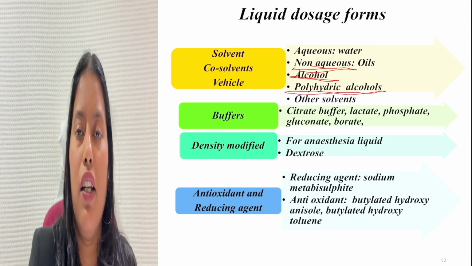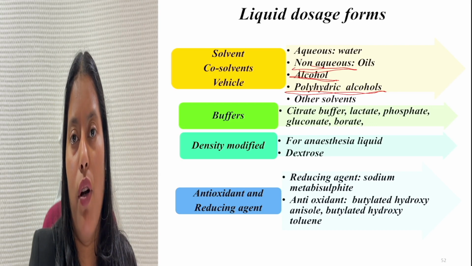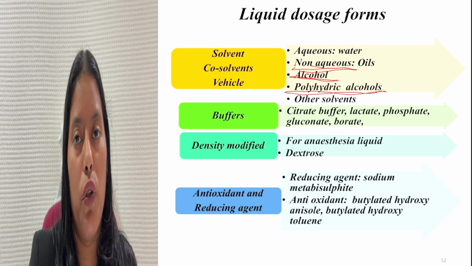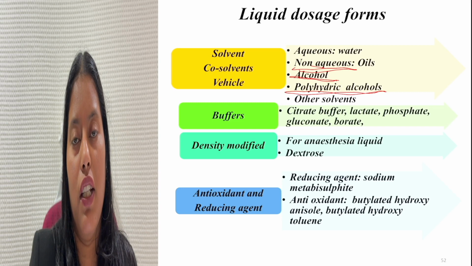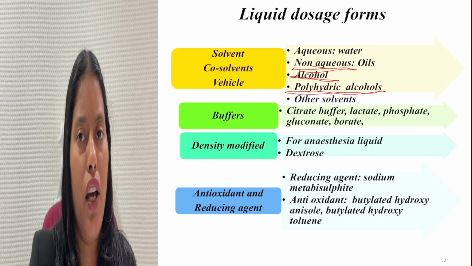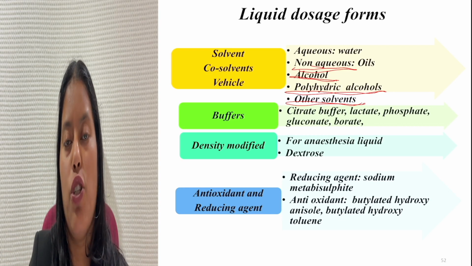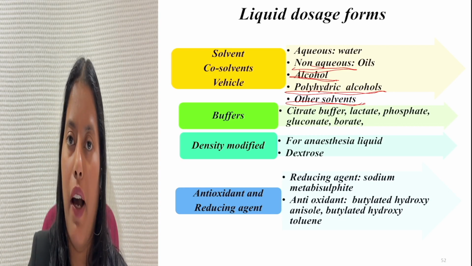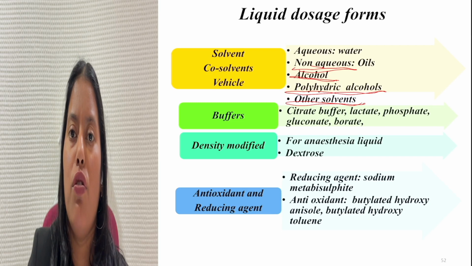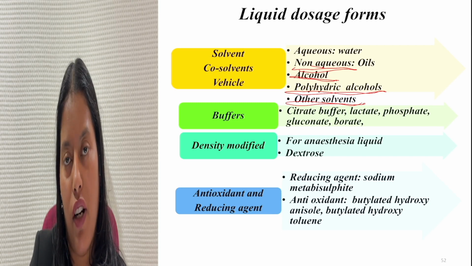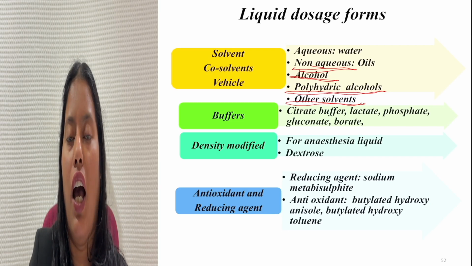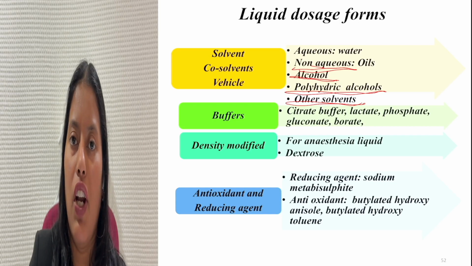So polyhydric compounds are basically compounds which contain multiple hydroxy groups. So various glycols, glycerols are used, and various other solvents like isopropyl myristate, isopropyl palmitate are used. So based upon the property of drug, solubility of the drug, alcoholic, aqueous, hydroalcoholic.